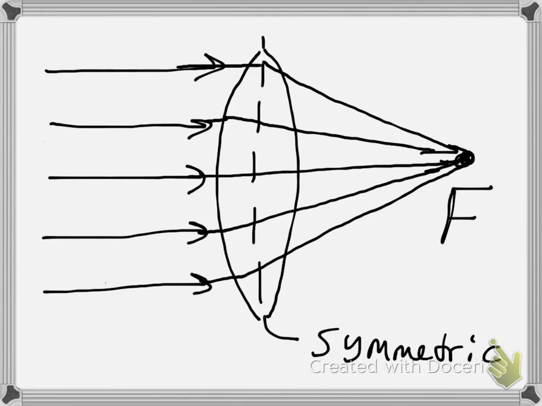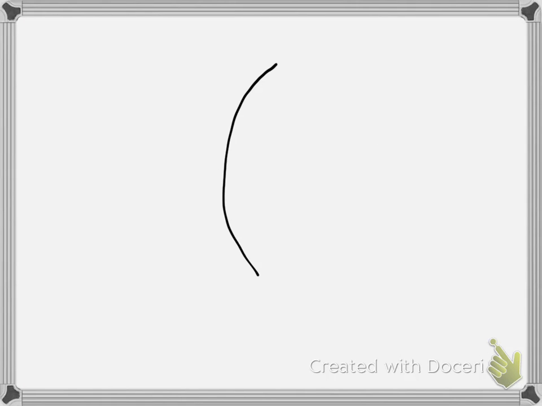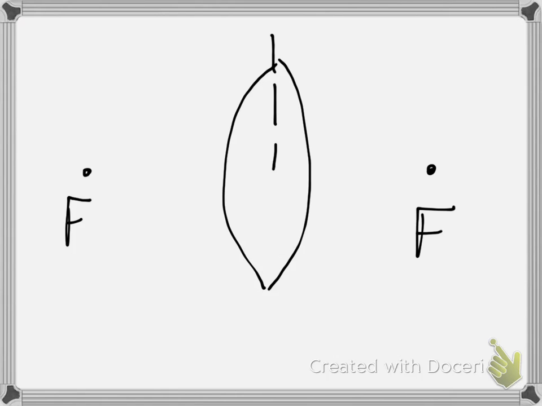Now, a perfect positive lens has a focal point on either side of the lens, and they're both going to be the same distance away from this central axis through the lens. And that is what we call the focal length, lowercase f.